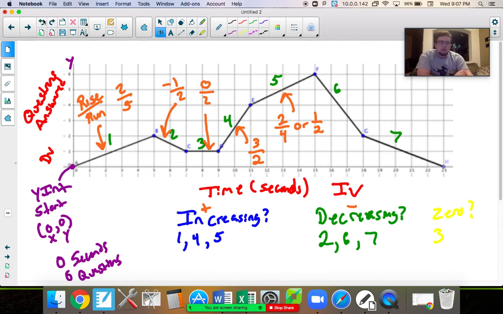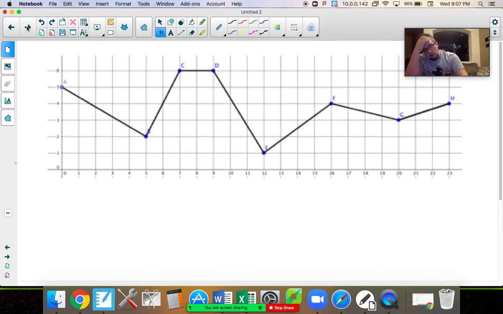All right, section 6, down 1, 2, 3, 4, right 3. And then section 7, down 2, right 5. Our second graph here, one of the big things that's different about it is our start value right here, our y-intercept, is not at 0, 0.